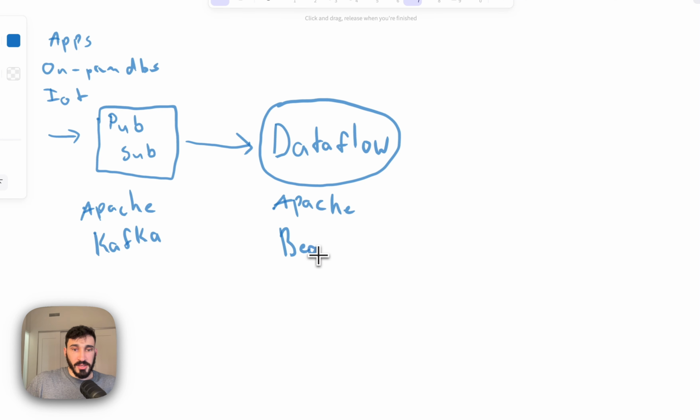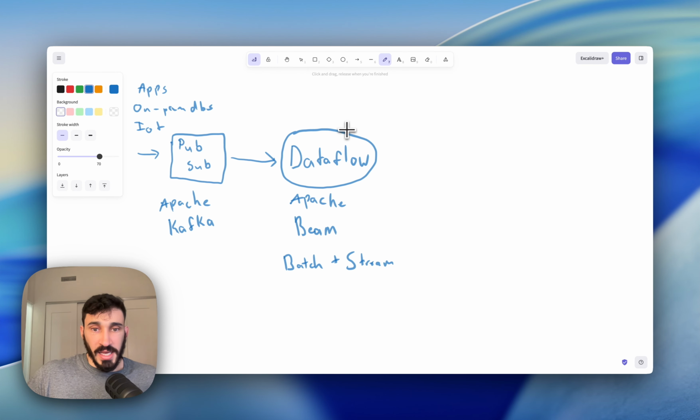And so it can handle batch and streaming data, right? And that's kind of its claim to fame. And so Dataflow is like bread and butter GCP. Google loves to push Dataflow on their exams. They're still pushing PubSub, but a little bit less so than they used to.